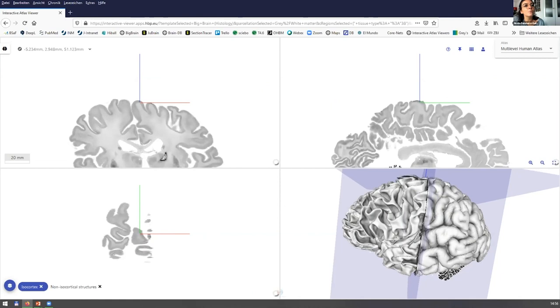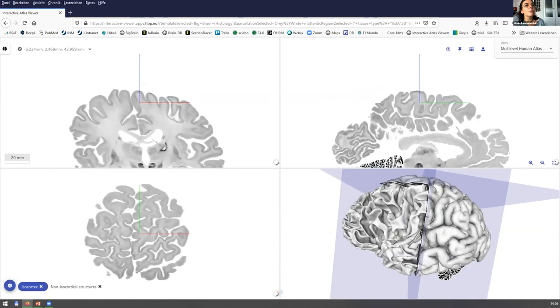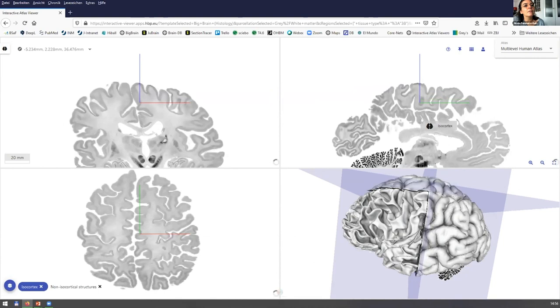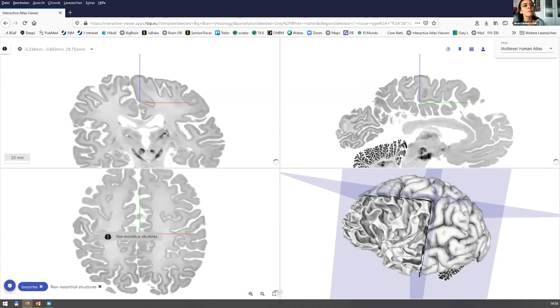Then I'd start moving down till I found a structure that reminds me of an omega sign. On the right hemisphere, here is where I would have my omega sign. If I continue moving down, then I see the image that I showed you earlier on. You can see the omega sign here.